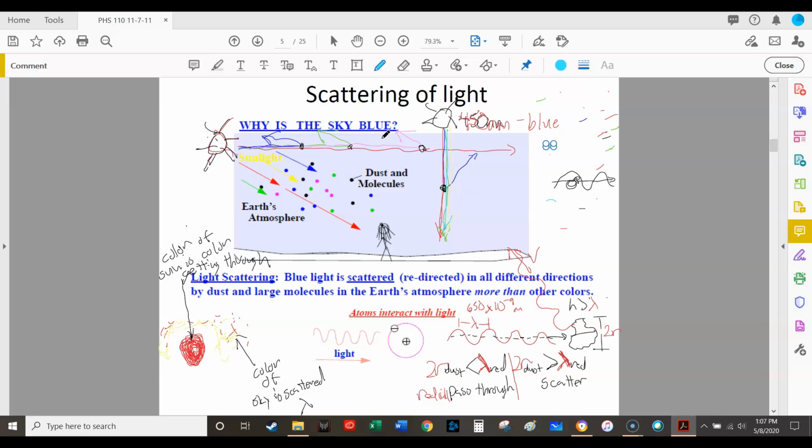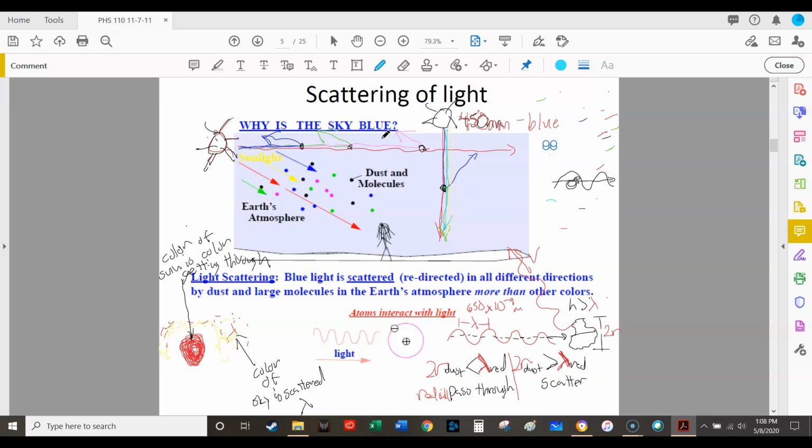Scattering would not occur if we didn't have any dust particles or any particles of ice or anything like that, right?